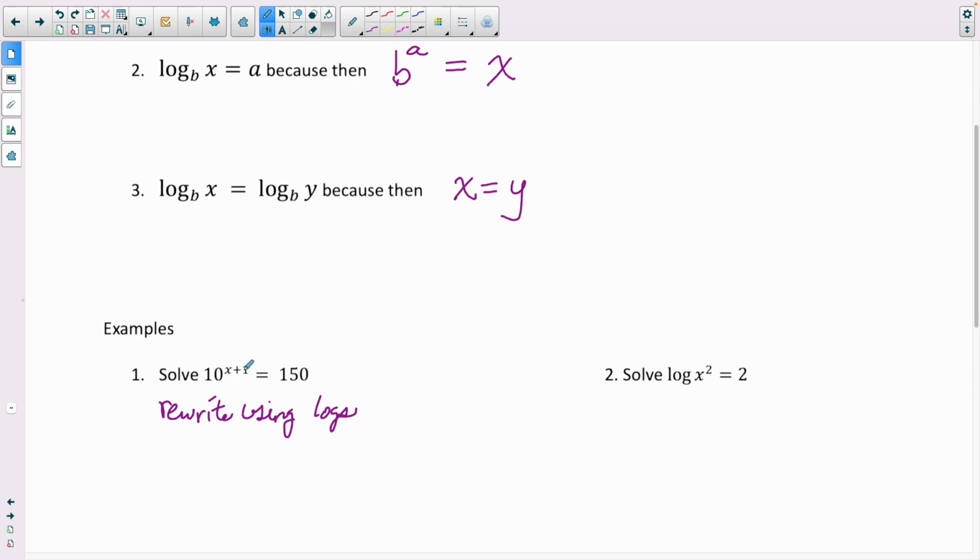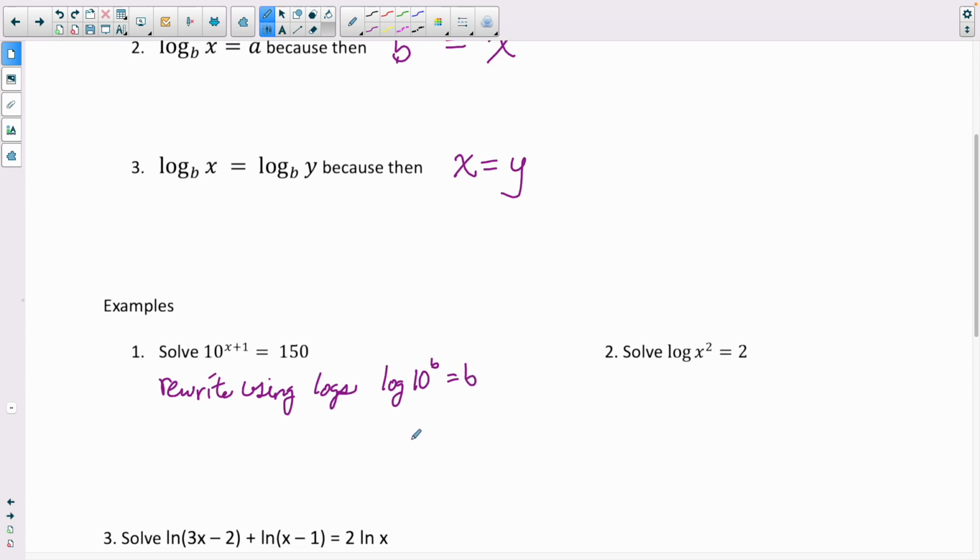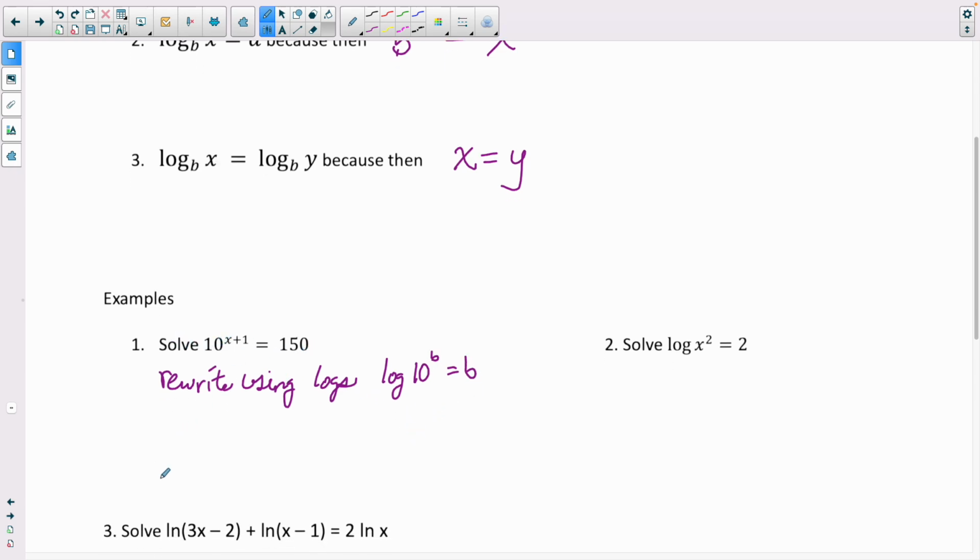And we're going to use the property that log of 10 to the b equals b. So we're going to take log base 10 of both sides. So log 10 to the x plus 1 is equal to log 150.